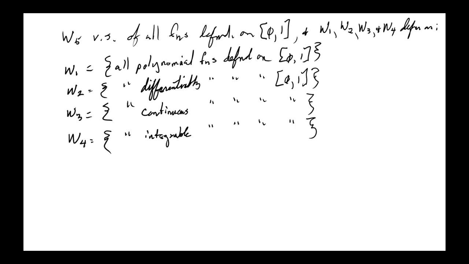So, and then W5 is a vector space of all functions defined on 0 to 1. All functions, whether they're integrable, continuous, differentiable, polynomial, or what. All functions. Okay.